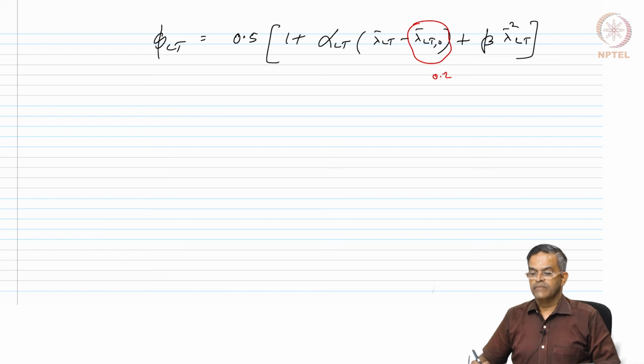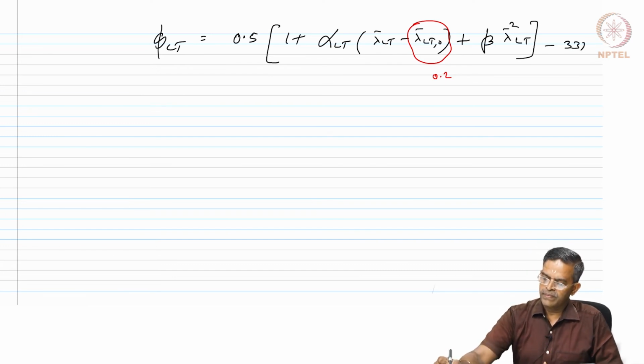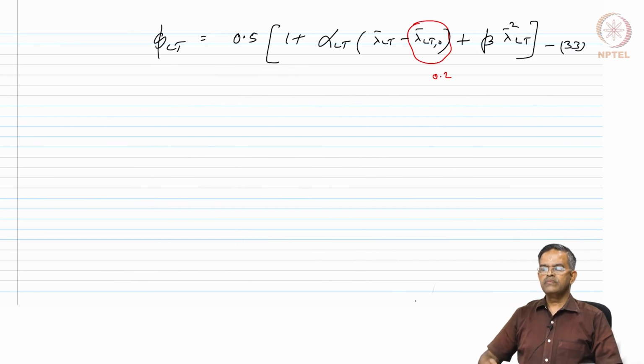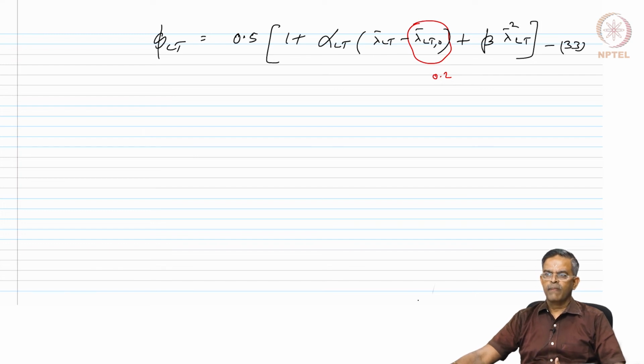So, that is now changed significantly by the alternate method as I am discussing now. We call it equation number 33, is it not? Yeah, 33. So, now considering these two equations 32 and 33, the shape of the lateral torsional buckling curves significantly changed compared to the general method.